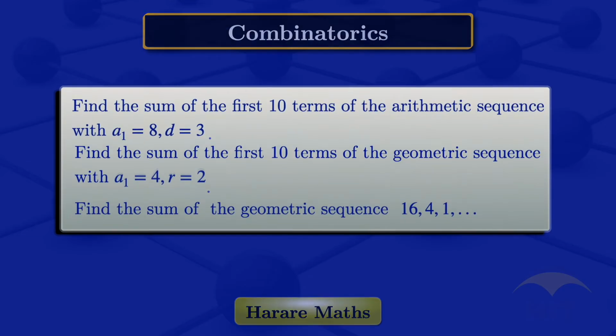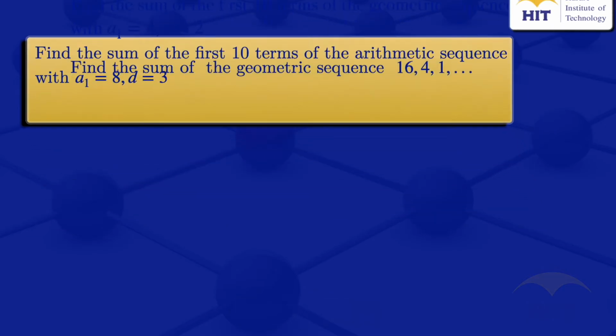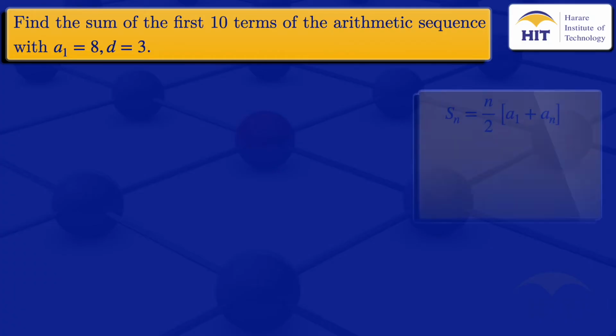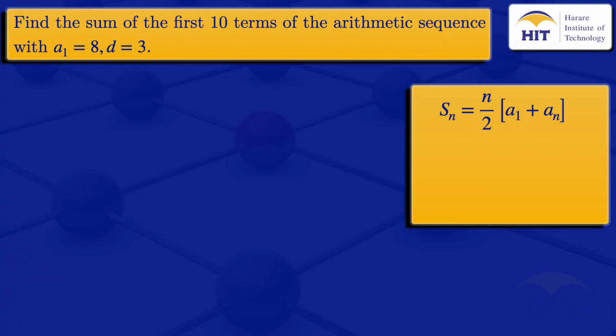So I'll start by looking at the first one, finding the sum of the first 10 terms of the arithmetic sequence with first term equals 8 and the difference being 3. When we are given an arithmetic sequence, the sum of the first n terms is given by n divided by 2 multiplied by a1 plus an.